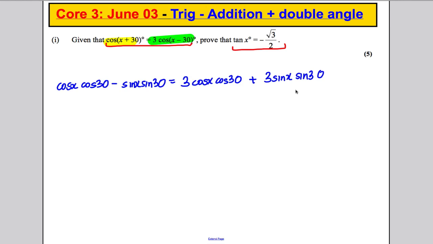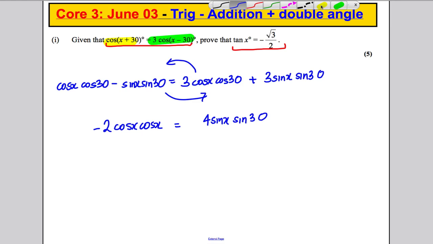What I could do now is add sin x sin 30 to both sides and subtract 3 cos x cos 30 from both sides. So this ends up going there and that ends up going there. I'll get minus 2 cos x cos 30 equal to 4 sin x sin 30.